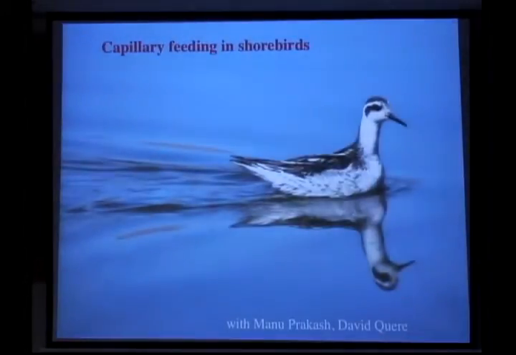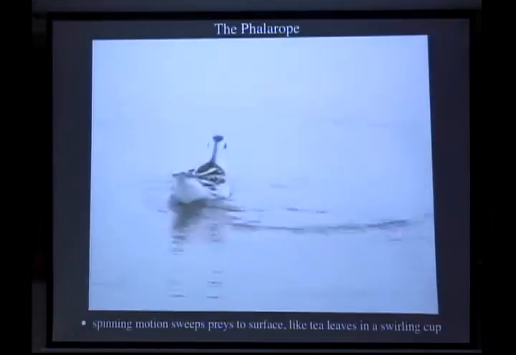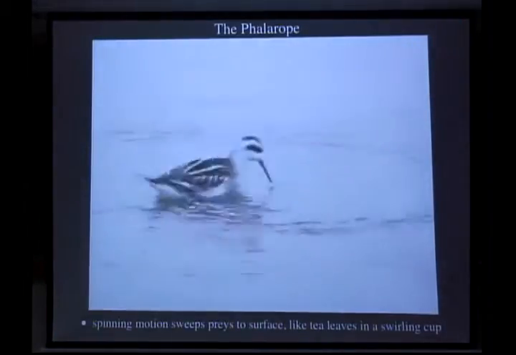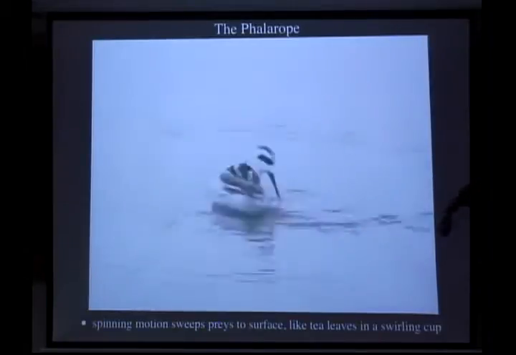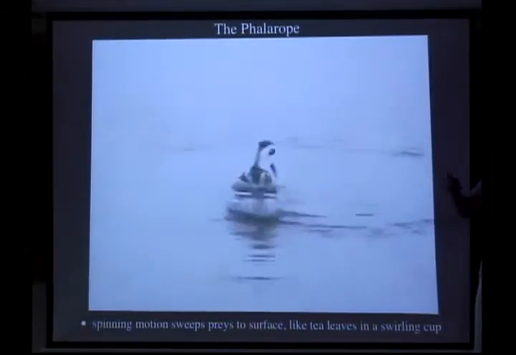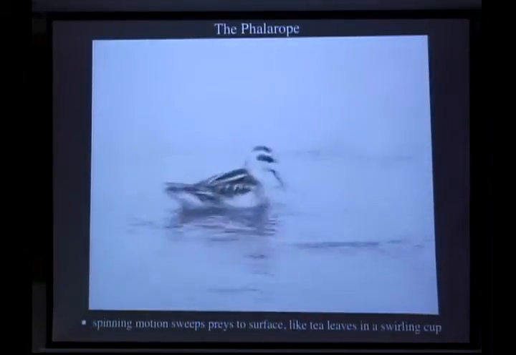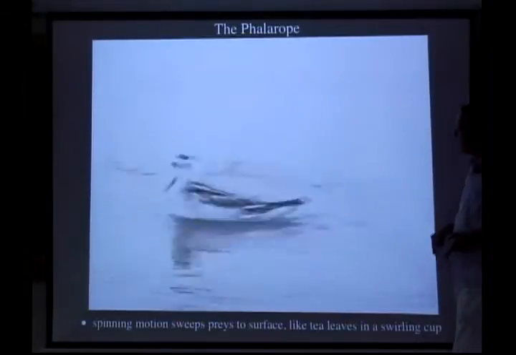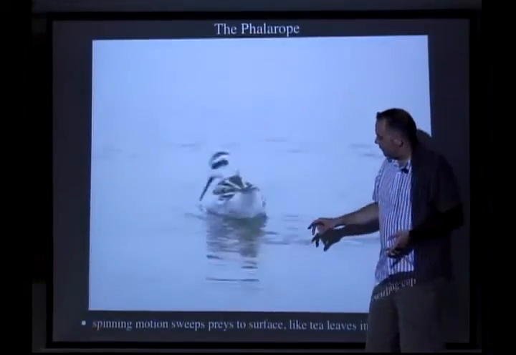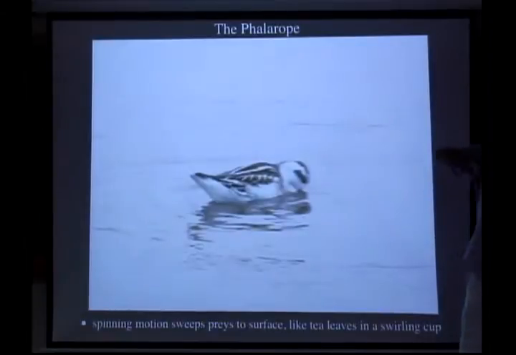Okay, but this is the Fallot. It uses surface tension contact angle hysteresis. So it swims in a circle, generates a vortex which sweeps up its prey, and its prey is captured in drops. So you can see to move the drop, it had to do this.